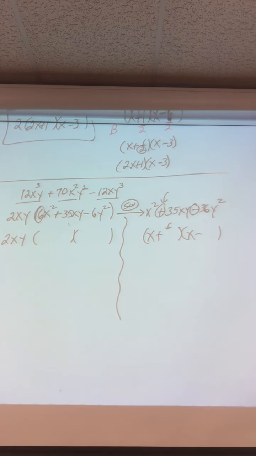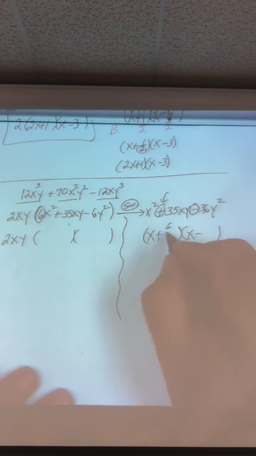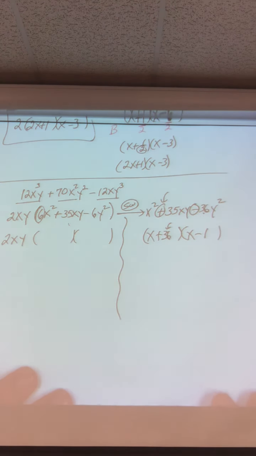I need 2 numbers that, if you multiply, you get 36, and if you subtract, you get 35. That's 1 and 36, because 1 times 36 is 36, but if you subtract 1 and 36, you get 35. So 1 and 36, but the largest needs to be positive. So I'm going to put 36 here and the 1 there.